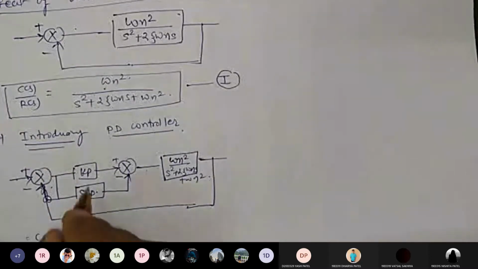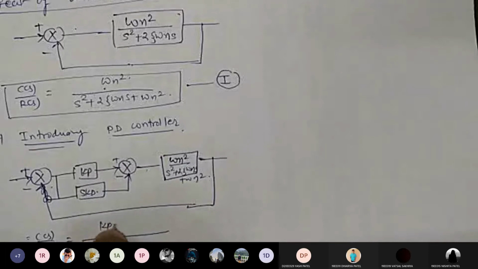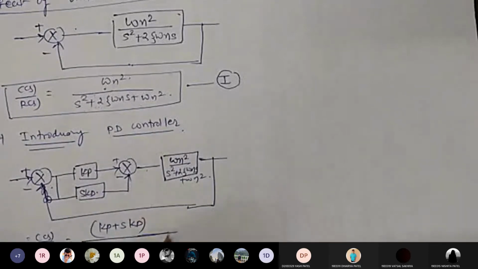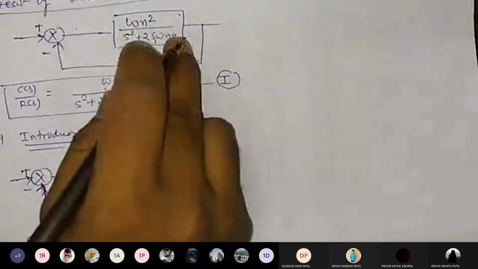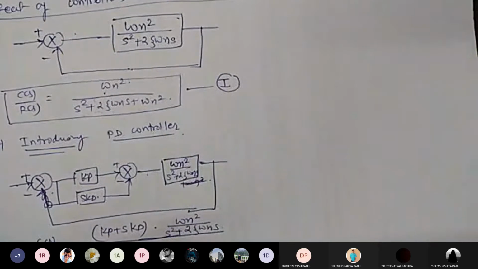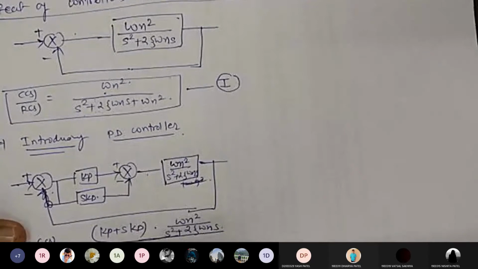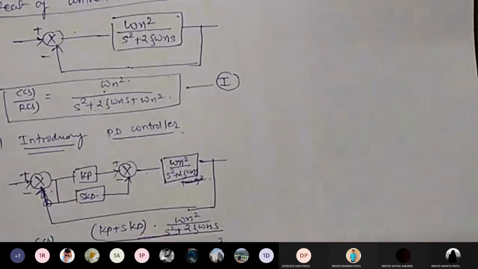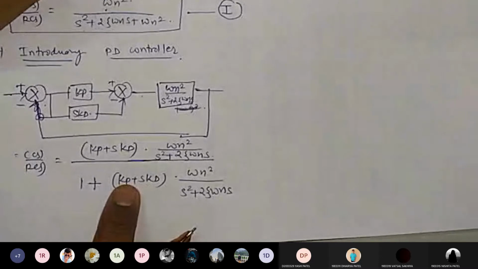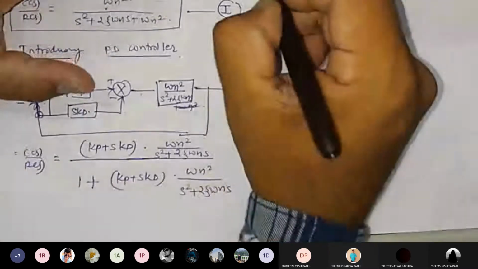C of s upon R of s is equal to, the whole G of s comes here, so it will be Kp plus sKd into omega n square upon s square plus 2 zeta omega n s, I will be taking this only, divided by 1 plus G of s into H of s, Kp plus sKd, omega n square upon s square plus 2 zeta omega n s. Will it be like this? Yes, sir.